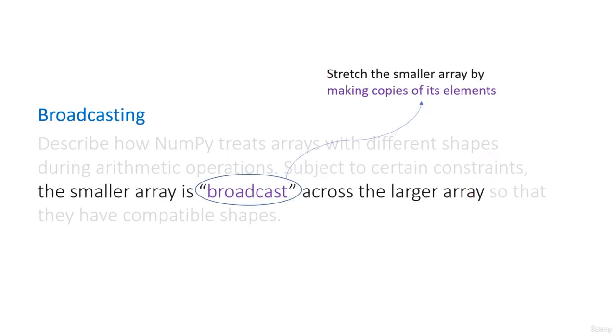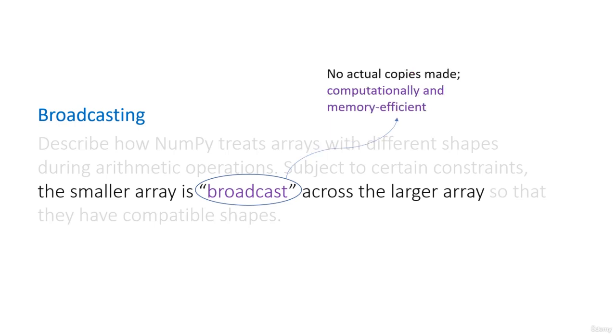So if broadcasting rules are met, that is, all the remaining dimensions are exactly the same, and the trailing dimension of the smaller array is equal to 1, then the smaller array can be stretched to be equal to the shape of the dimensions of the larger array, and arithmetic operations can be performed element-wise on them.